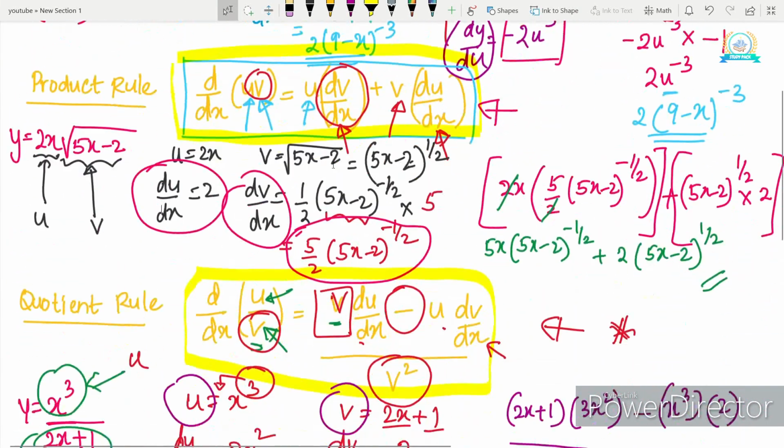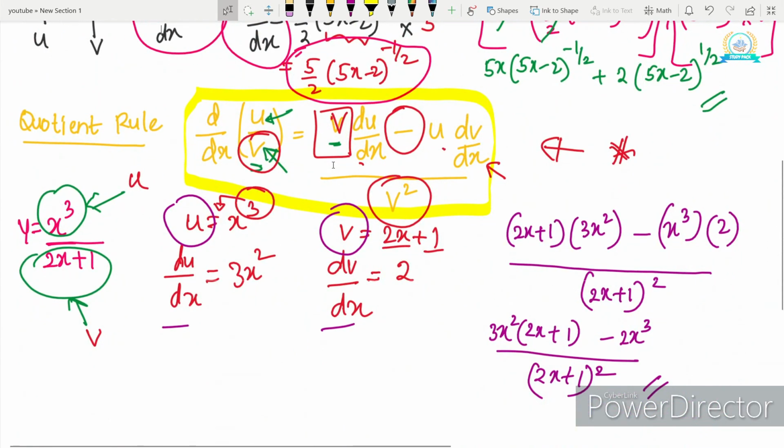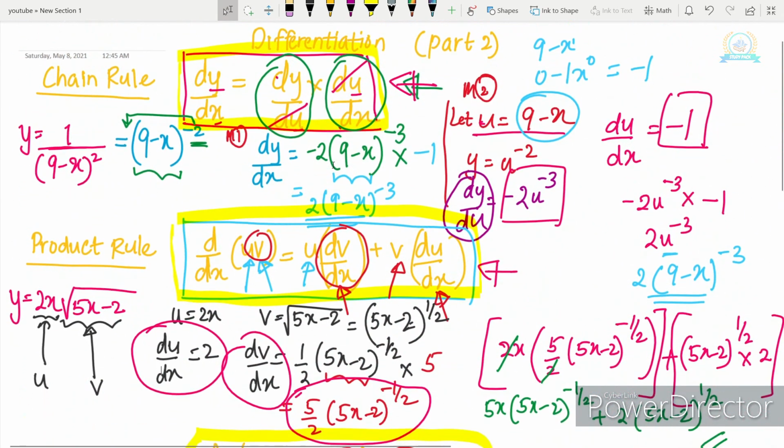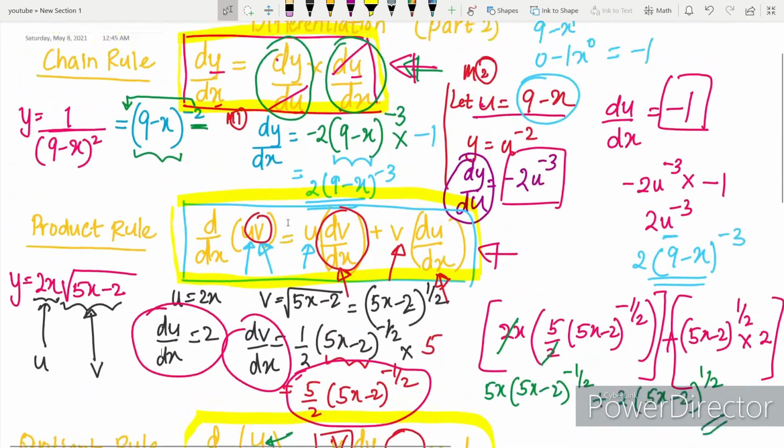These three rules play a huge role in finding derivatives, so do follow this method.